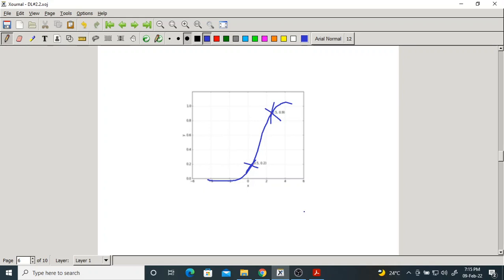Then there is no problem, and the loss will be approximately 0. The important task is learning the weights, the parameters W and B, from the training data, such that all the data points lie on the sigmoid function. If they don't lie on it, obviously there is a loss or error.